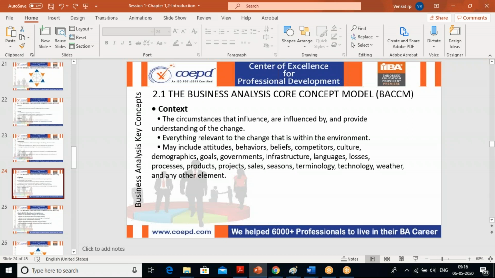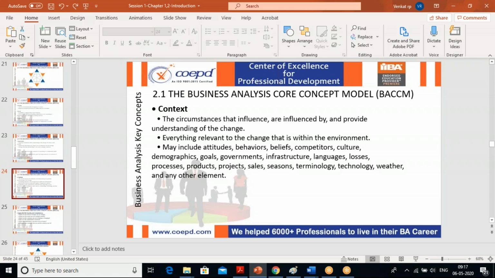It may include attitudes, behaviors, beliefs, competitors, culture, demographics, goals, governments, infrastructure, languages, losses, process, products, projects, sales, seasons, technologies, weather, and any other elements. That means you will cover everything here.